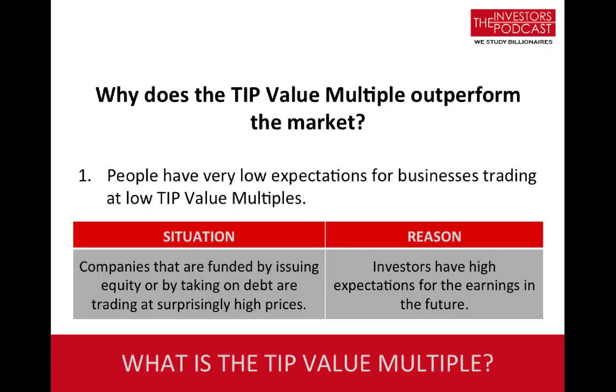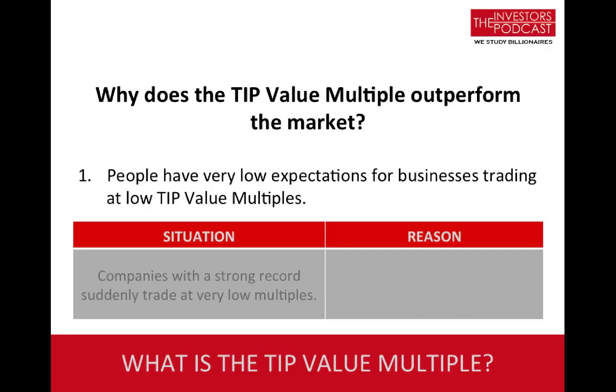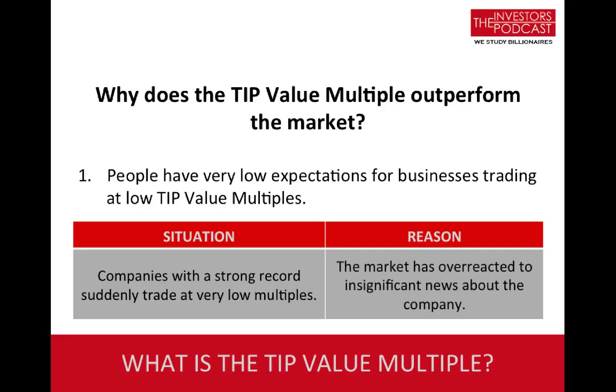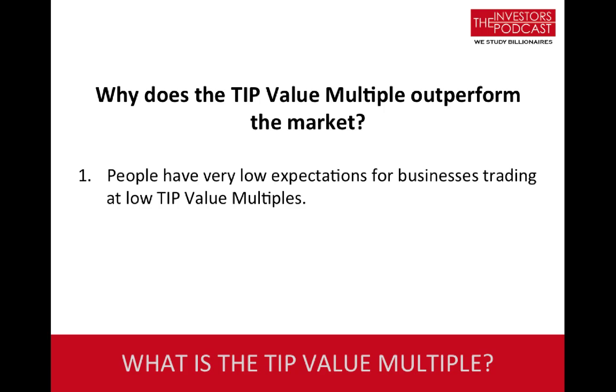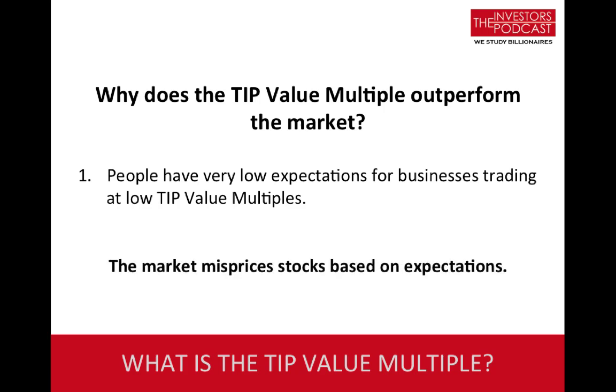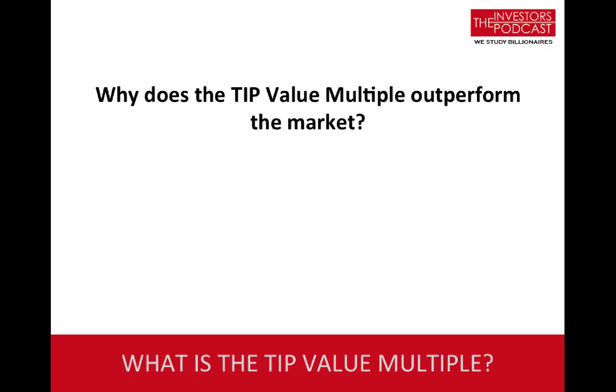The same way you experience that companies with a strong record suddenly trade at a very low multiple because the market simply has overreacted to insignificant news about the company, or sometimes, for no reason, the market simply no longer believes in the future of the stock. Regardless of how the market has reacted, we can observe that the market misprices stocks based on expectations.